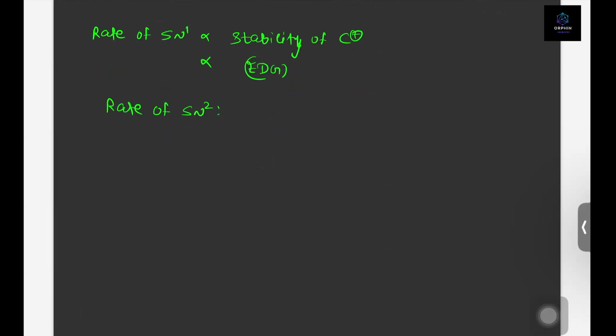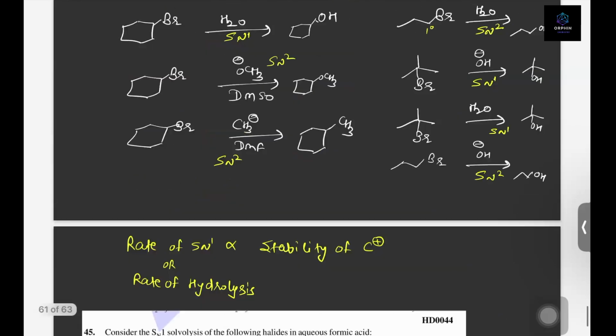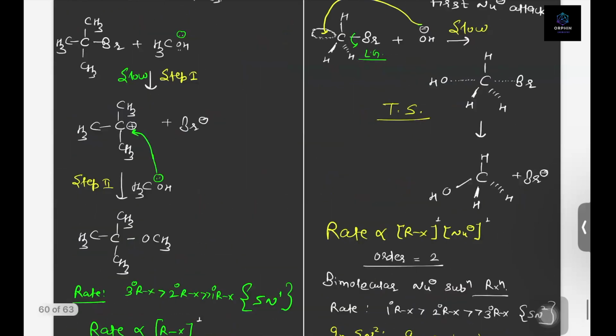First, SN2 will happen more in the case of 1 degree alkyl halide, then 2 degree, then 3 degree. But suppose two cases are there, both 2 degree, how will you compare? In the case of SN2, if we see the mechanism, that's the mechanism.